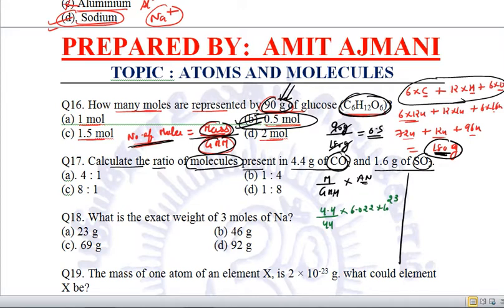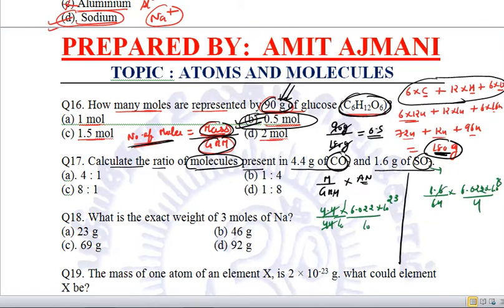Similarly, now we'll calculate for sulfur dioxide. The mass given in the question is 1.6 gram divided by the gram molecular mass of sulfur dioxide, which is 64 grams, multiplied by Avogadro number 6.022 into 10 to the power 23. Now we simply have to find the ratio. Over here we can see that it is 1 by 10th of Avogadro number, and here we can see 1 by 4th.